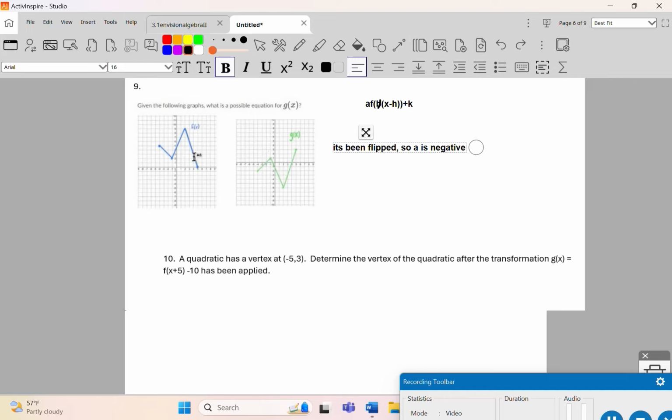And if it just would have been flipped, this is 1 unit lower. So it also fell 1. So the transformation here is negative f of x minus 1. That's all that's happened to it.